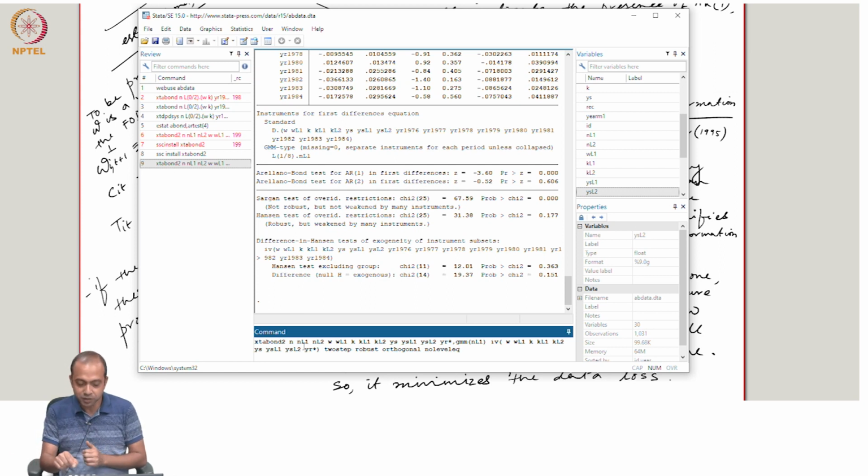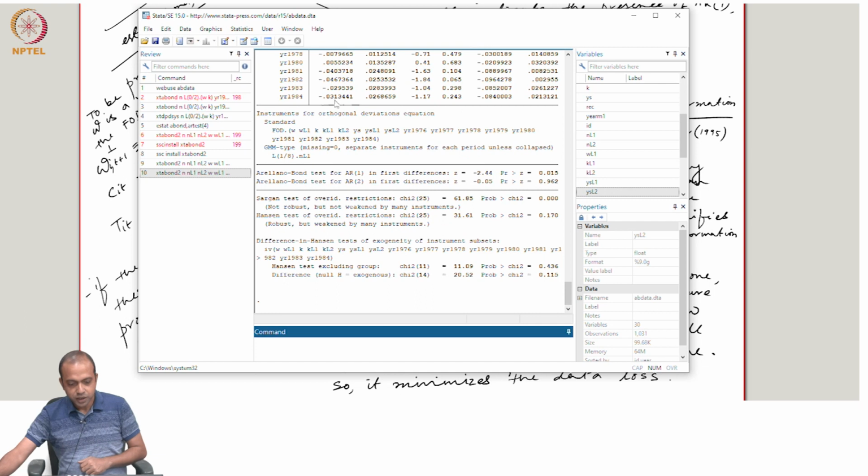For the time being, please keep in mind our focus is on this orthogonal command, because if you put this orthogonal command, then what is happening here, we are taking forward orthogonal deviation. Orthogonal means FOD transformations are used in place of first difference transformation, right.